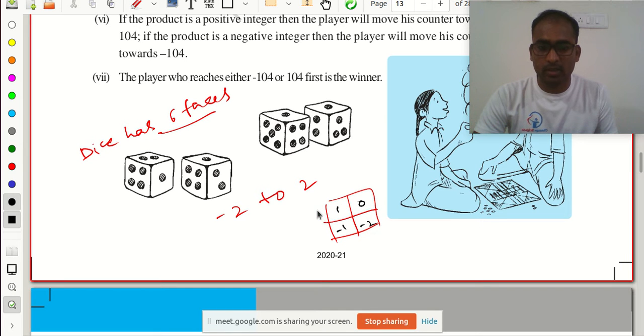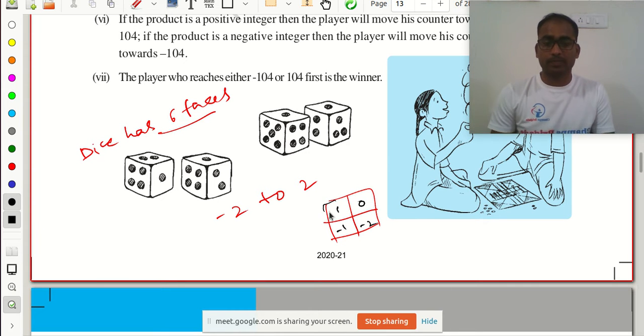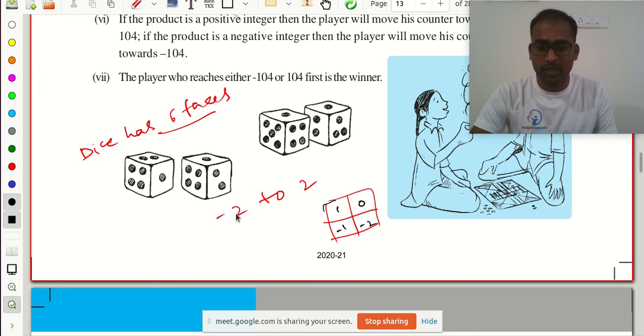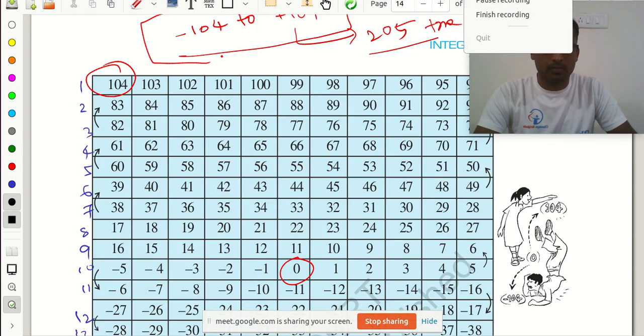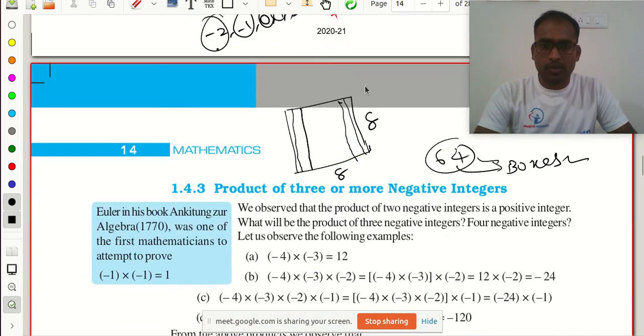I need one more box. So this example is yes. Suppose if I go from minus 2 to 1, then how many boxes are there here?